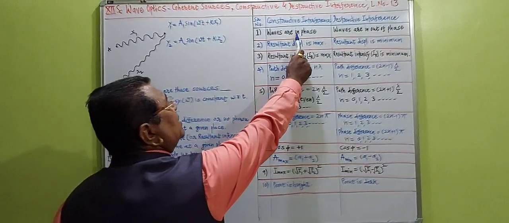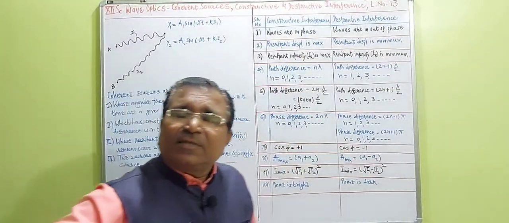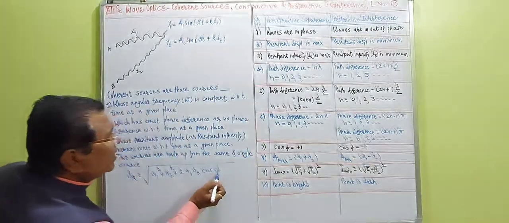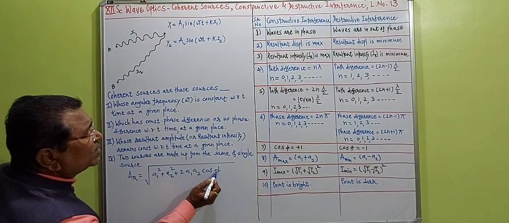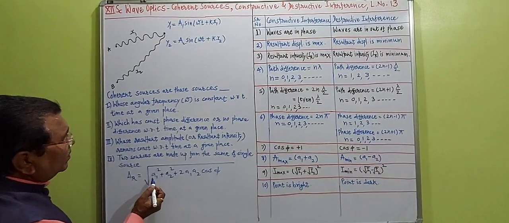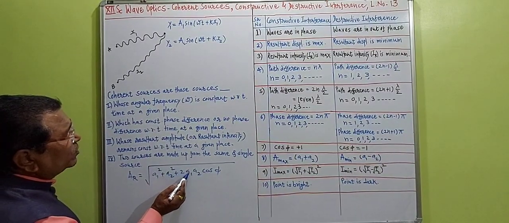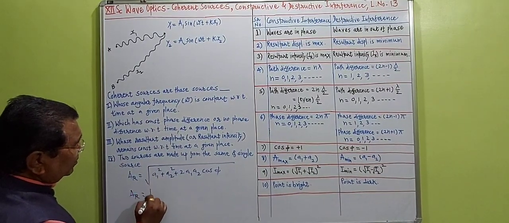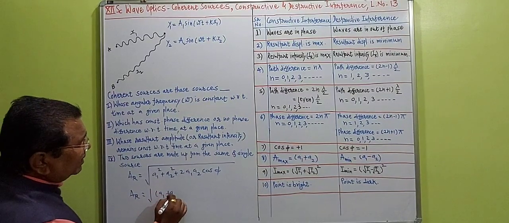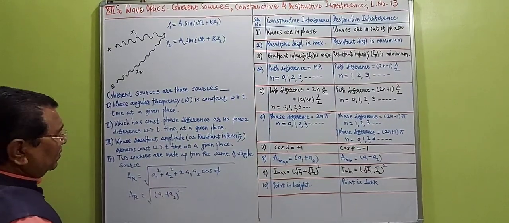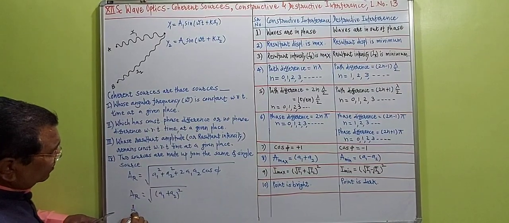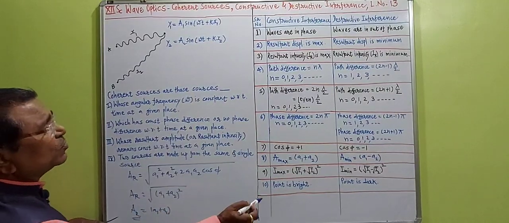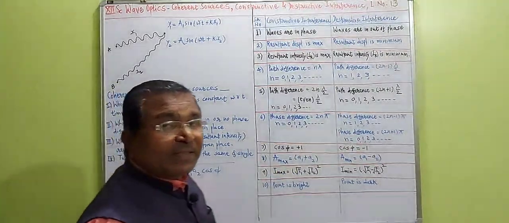When both the waves are in phase, there is no phase difference, phi is equal to 0, and if phi is equal to 0, then cos 0 is equal to 1, and you will simply get a1 square plus a2 square plus 2 a1 a2, and this is the short form of AR equal to square root of (a1 plus a2) whole square, and by taking the square root you will get AR equal to a1 plus a2. That is the resultant amplitude, which is maximum, a1 plus a2.